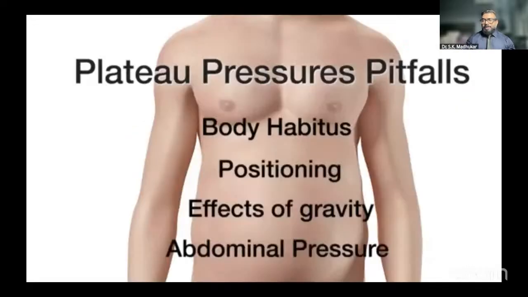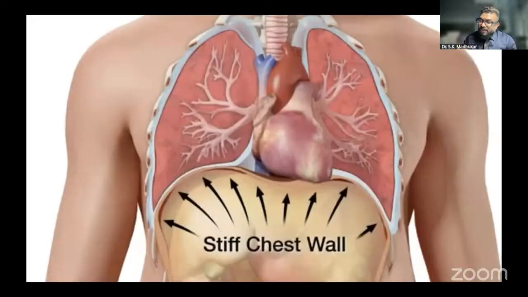But there are pitfalls with the plateau pressure. The plateau pressure changes not only with the lung mechanics, it also changes with the body habitus, positioning, effects of gravity, and abdominal pressure. For example, if a patient is obese, their chest wall compliance will be low.